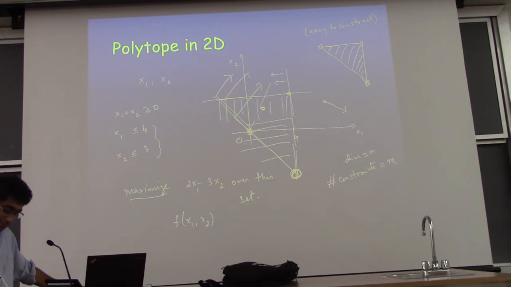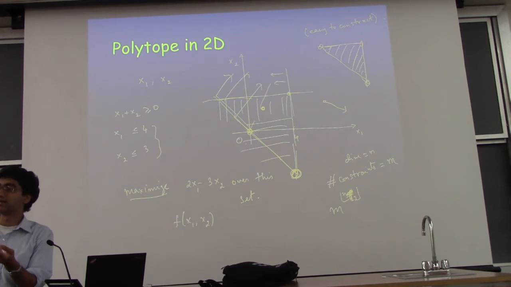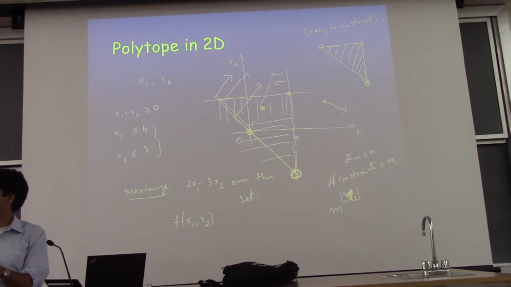So this is m to the n minus 1 by 2. This is the number of corner points you can have, or maybe n by 2, n by 2 floor or something like this. Right? This is the number of corner points that a polytope in n dimensions can have. Okay. Is this right? Something like this, right? I don't remember if it was n-1 by 2 or just n by 2.